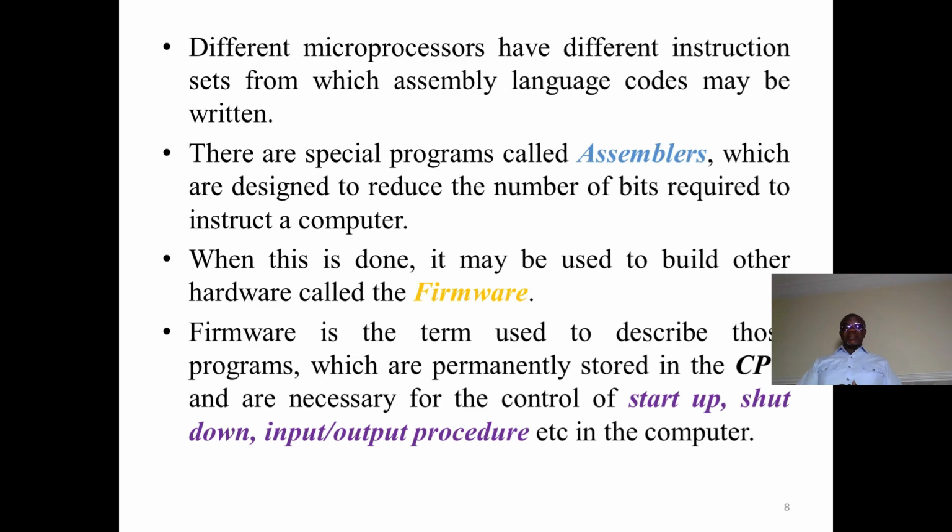We have already met this firmware in our previous lectures, but let us recap that firmware is the term used to describe those programs which are permanently stored in the central processing unit, the CPU, and are necessary for the control of the computer at the time of startup, shutdown, carrying out input-output procedures, and so on.